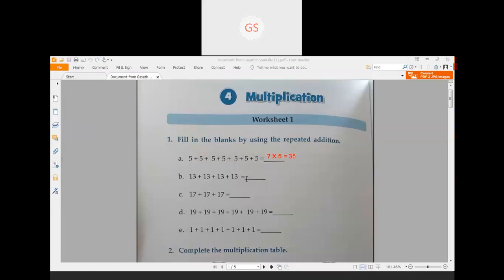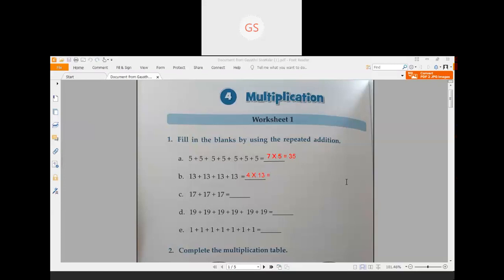Now look at the next question. What number is that? Number 13. How many times is it repeated? 4 times. So you should write 4 times 13.